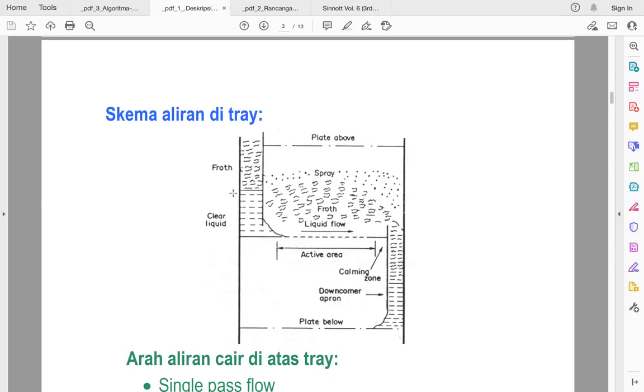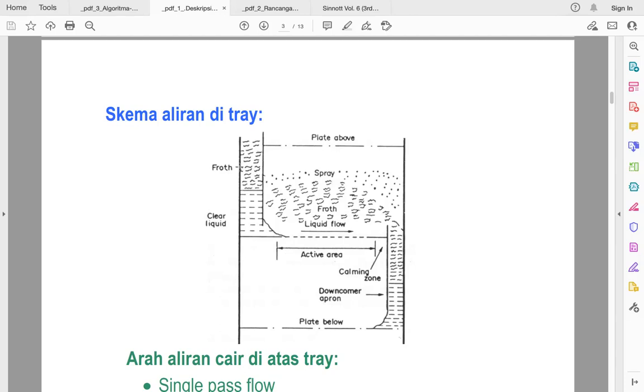and then of course the clear liquid will have a froth, seperti busa-busa, like the froth in your coffee, if you have a cappuccino or latte or something like that, you have a froth, busa di atasnya.